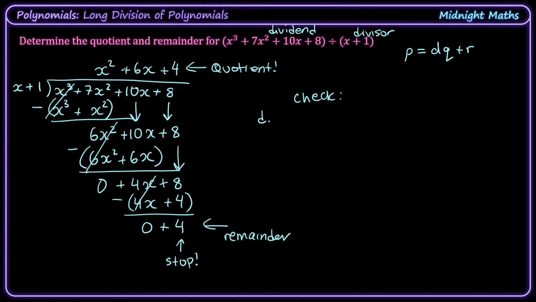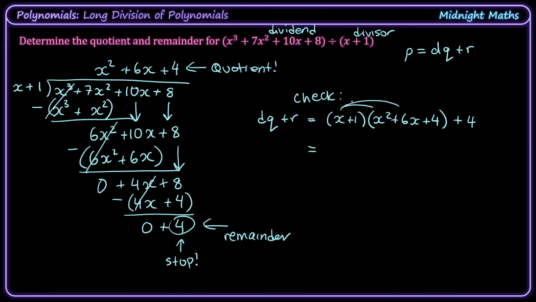So let's try. The divisor times the quotient plus the remainder. The divisor was x plus 1. The quotient is what we've calculated. It's x squared plus 6x plus 4. And the remainder is the number that's left at the very bottom here, the number 4. That's the number that we couldn't fit anything into anymore.